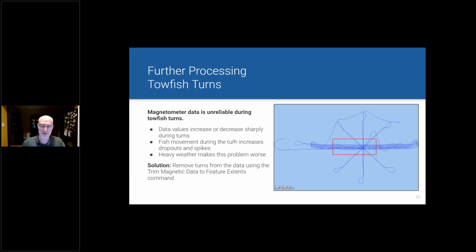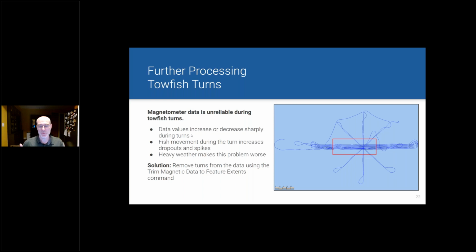Another problem with magnetometer data is towfish turns. Magnetometer data is unreliable when you have turns. Here's an example of a data set that was collected by an AUV. The AUV goes down and basically collects a single track line the entire time for the entire mission, so all the turns are in the data set. But before you can really process this, you need to clip those out.